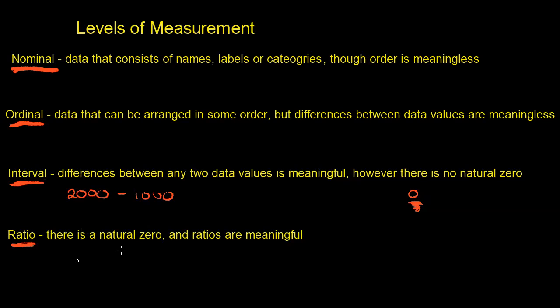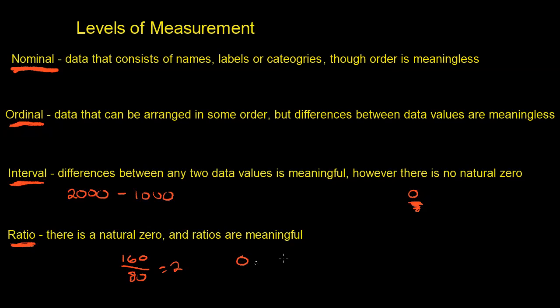All right. So, for example, if you were to think about someone's weight, say one person is 160 pounds and another person is 80 pounds. That's twice as heavy, right? And the reason why taking that ratio makes sense is because being 0 pounds is a meaningful 0.